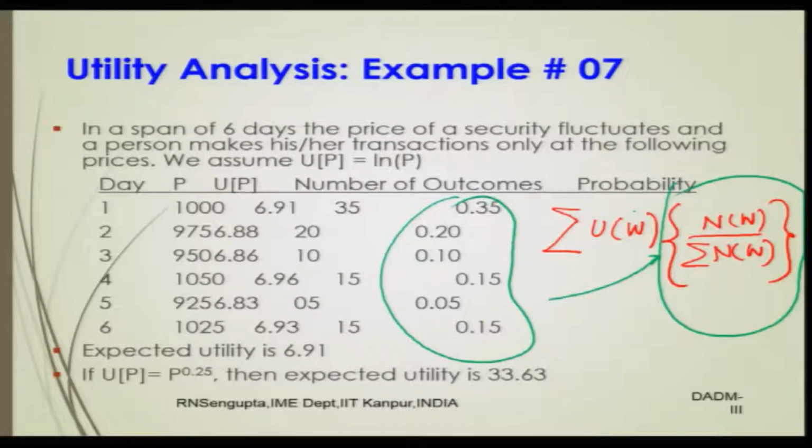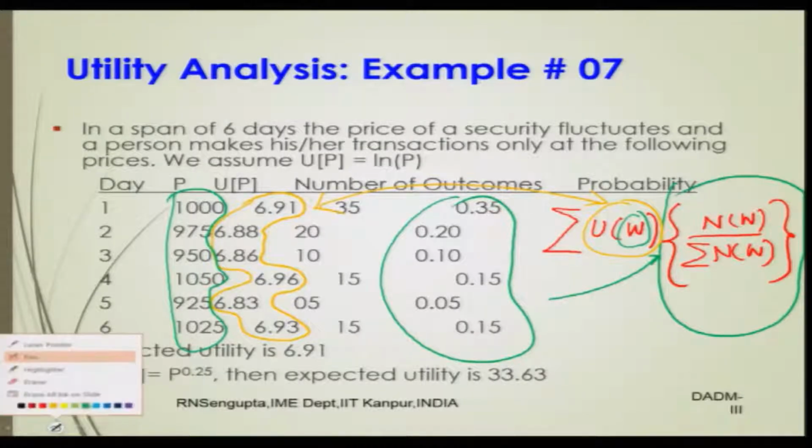So, this is given. If I want to find the utility, I have already mentioned it, but I will mark it. These utilities are given, so I will map them. And if I want to find W, W's values are here. Oh, shouldn't be green. I will use a different color.